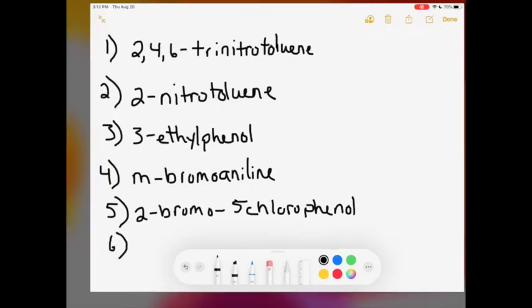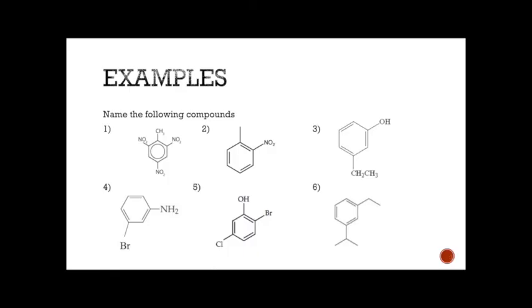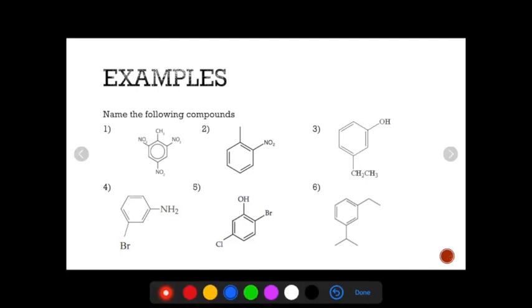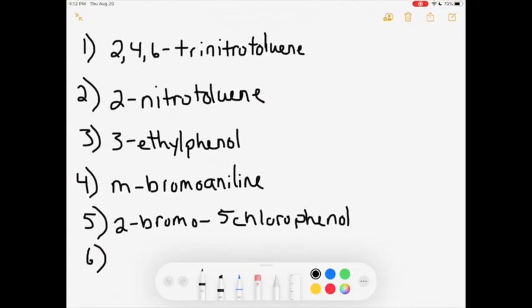Okay, last one here. So this is just a benzene ring. It's not one of the common names that we saw. So we have a benzene, we have isopropyl over here, and we have ethyl over here. So we can just use meta because there are only two carbons difference there.